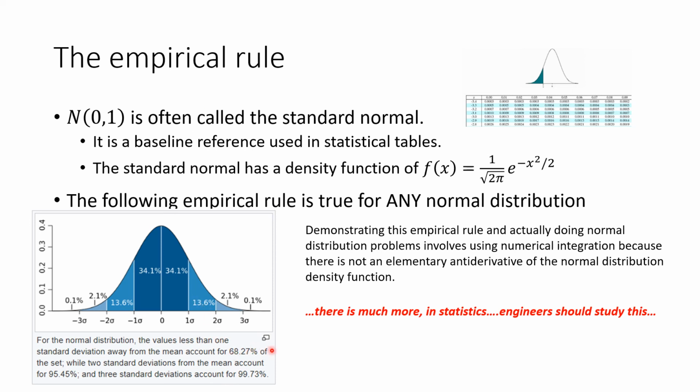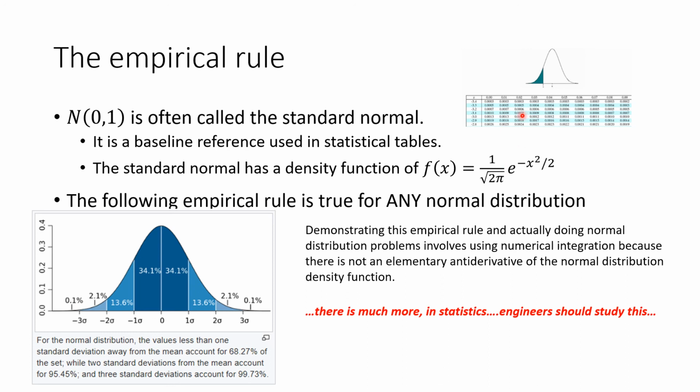Now, you're interested in other probabilities than just these, and you might say, how do we do these? Well, what we're doing is evaluating, and so demonstrating this empirical rule, and actually doing any normal distribution problems involves using numerical integration, because this does not have an elementary antiderivative. And there are whole statistical tables made of these.